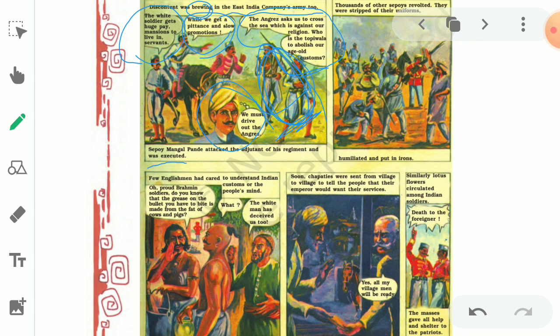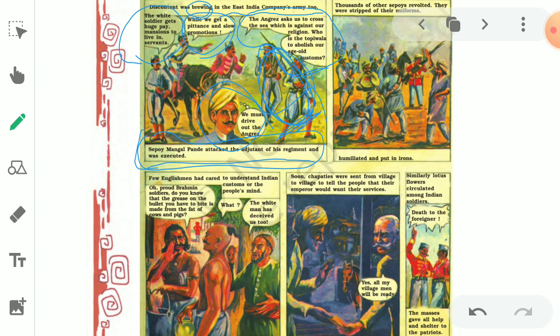Sepoy Mangal Pandey attacked the adjutant of his regiment and was executed. You might have heard his name, Sepoy Mangal Pandey, who showed anger towards the British people and rose against the British with great anger. In this way, he was killed. In the explanation part, we could say that an adjutant is an army officer who worked in the same army.